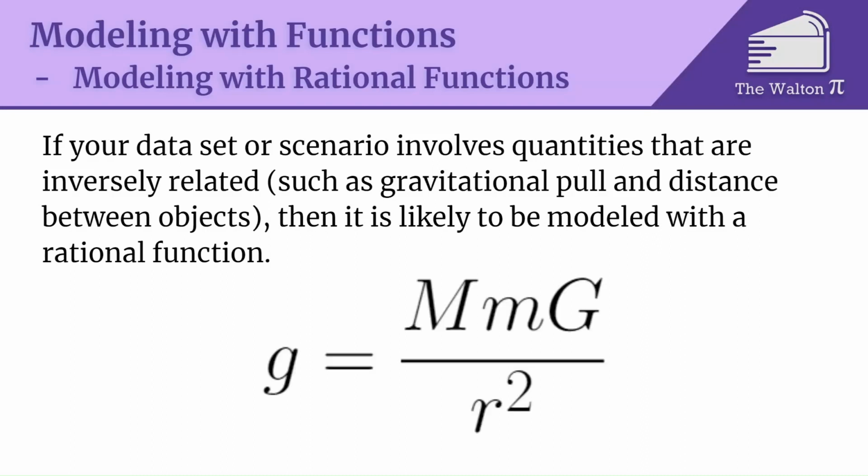So for example, the gravitational pull, little g, is the mass of the first object, big M, times the mass of the second object, little m, times big G, the gravitational constant, divided by r squared, the distance between the center of masses of those objects. That tells us what the gravitational pull between those two objects is. And this is an inverse relationship. R is our variable, big M, little m, and big G are all constants. We have a rational function here.